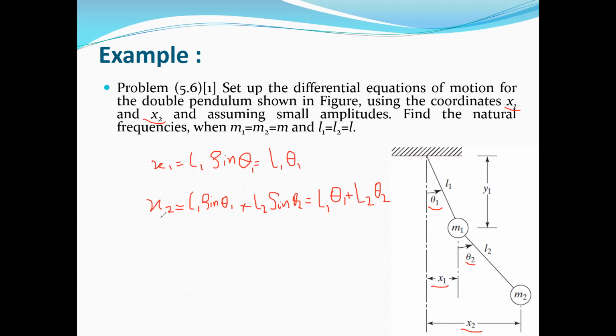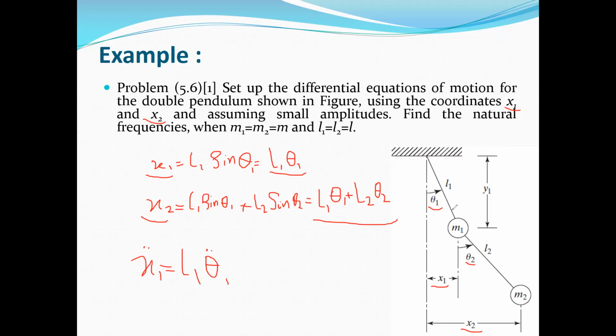So you need only substitute for x1 L1 theta 1 and for x2 L1 theta 1 plus L2 theta 2. I mean, x1 double dot, for example, will be substituted by L1 theta 1 double dot, or x2 double dot will be substituted with L1 theta 1 double dot plus L2 theta 2 double dot.